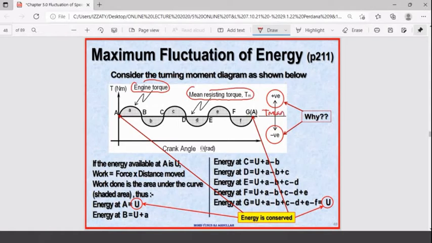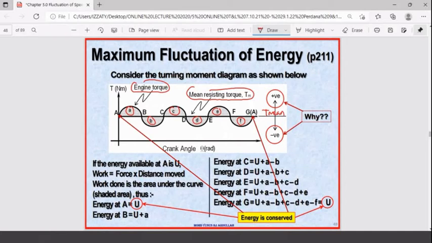Now let's assume you have been given A as the area under the curve, B, C, D, E, and also F. You have been given them, or perhaps you can calculate them. If the graph is represented by straight lines, it's easy to calculate, isn't it?